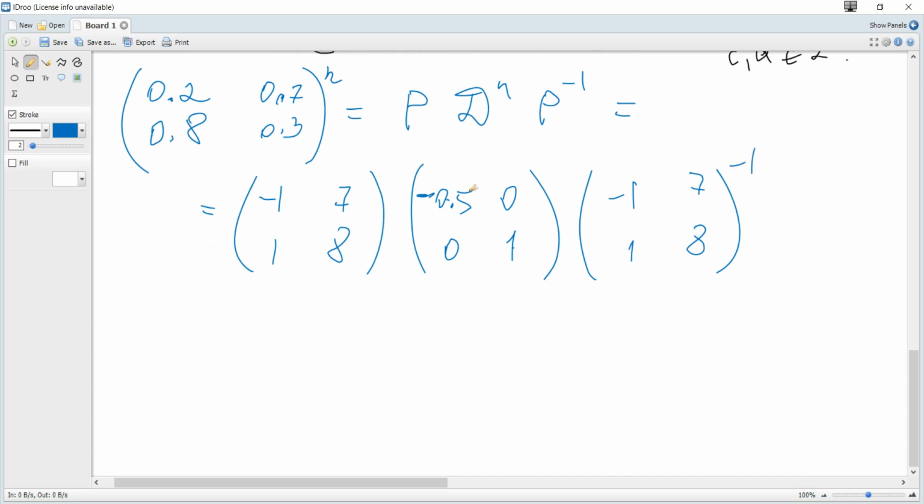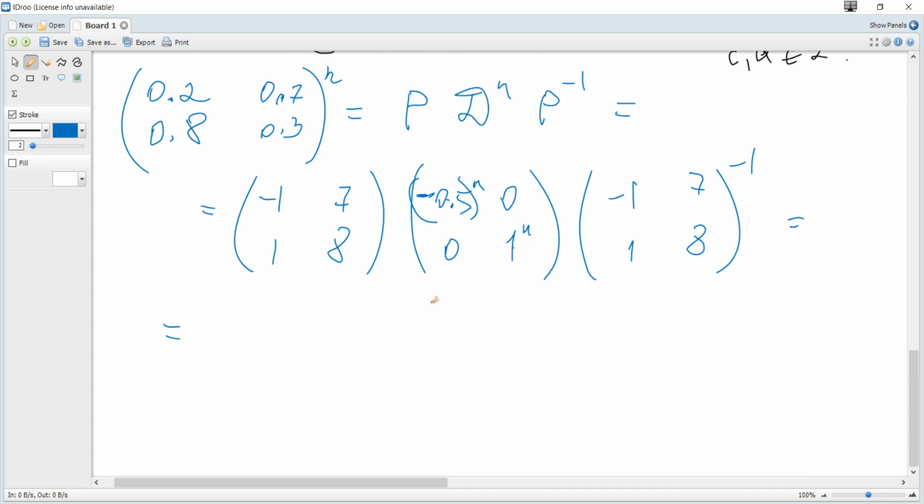And if it's to the power n, it becomes to the power n here, to the power n here. There may be a question to show how this matrix changes with n, so you should keep n. If you need to keep n, you keep this one, but anyway 1 to any power is just 1.